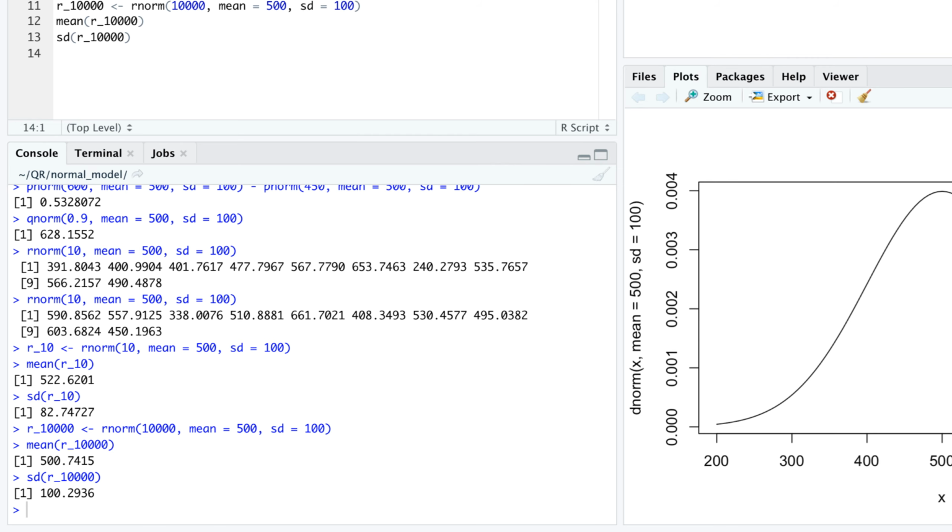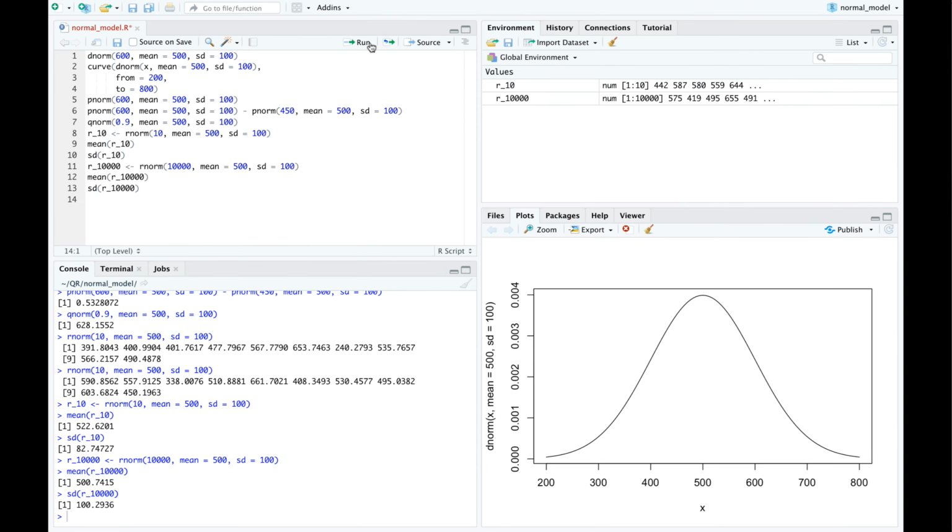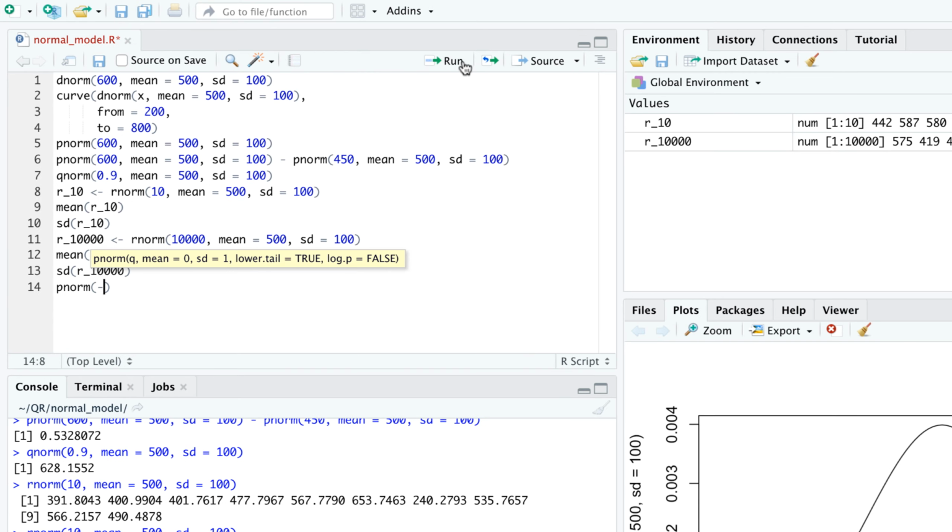So far, we've always specified the arguments mean and sd when calling dnorm, pnorm, qnorm or rnorm. Under certain circumstances, it's possible to leave out these arguments. If the argument mean is missing, R assumes that the mean equals 0. If the argument sd is missing, R assumes that the standard deviation equals 1.